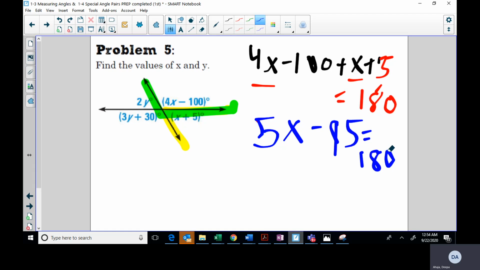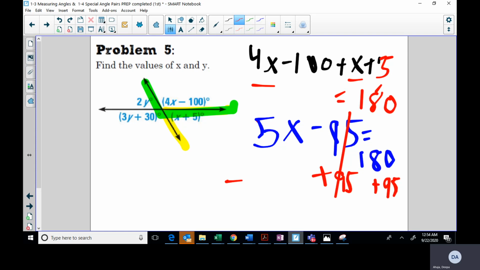Now, to solve for x, you will add 95 on both the sides. Ninety-five cancels.